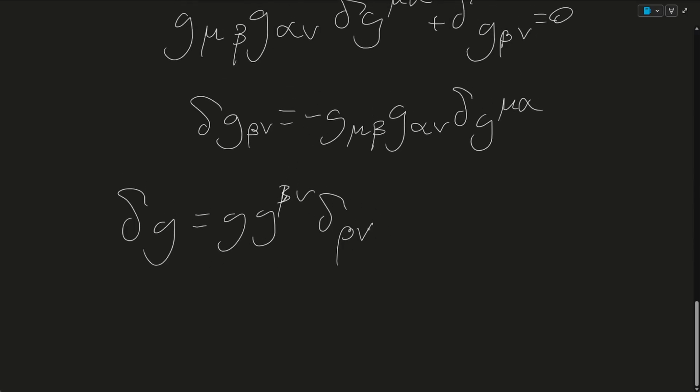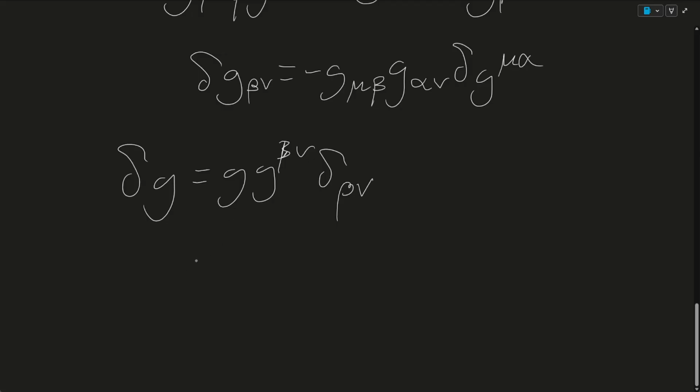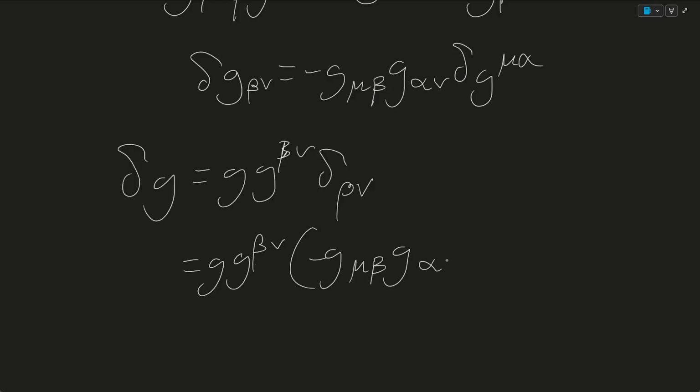And of course we have an expression for that, which is equal to g to the beta nu minus g mu beta g alpha nu delta g to the mu alpha.